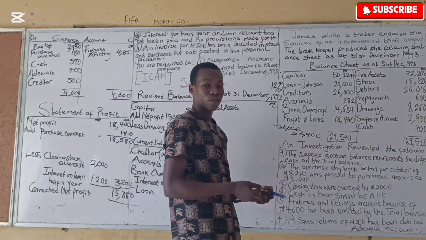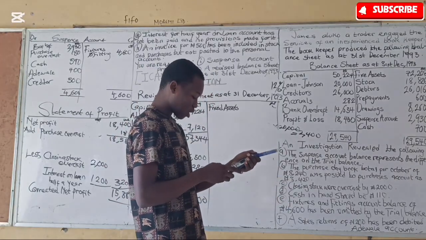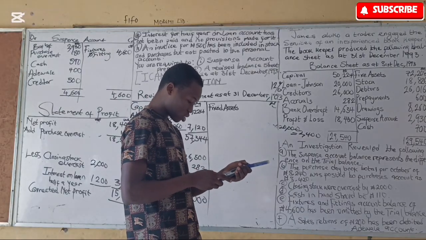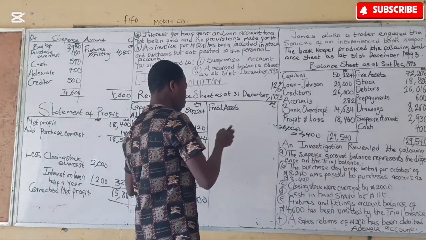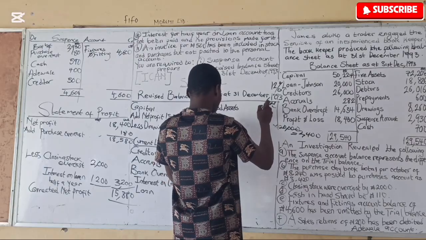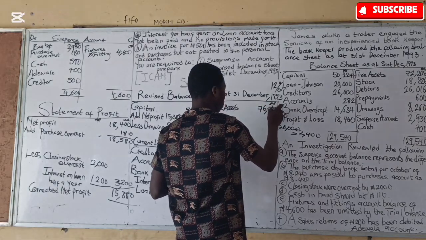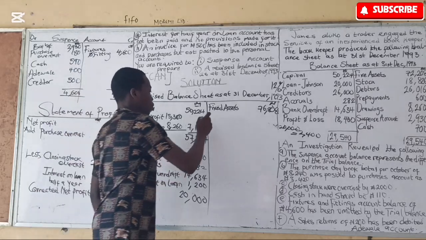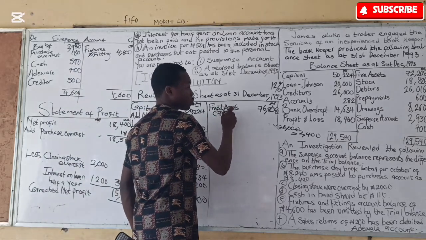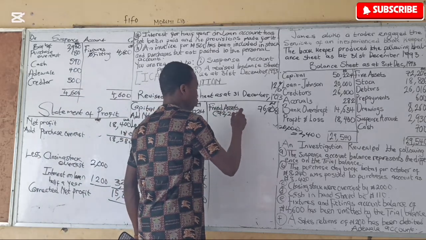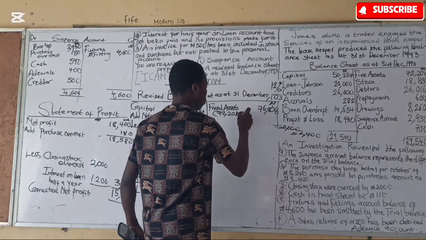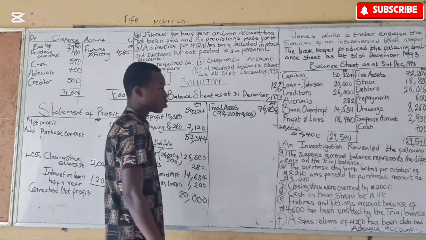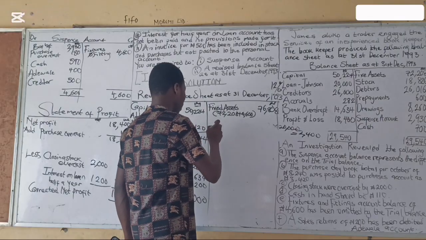To record it, we just add the balance. 72,208 naira plus 4,600 gives 76,808. Do you get my point now? It is 72,208 plus 4,600. For the next one, we have our current assets.